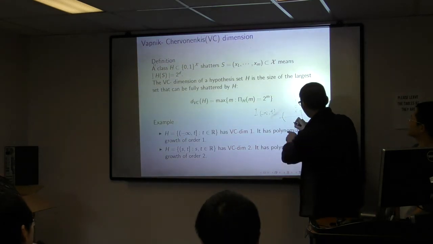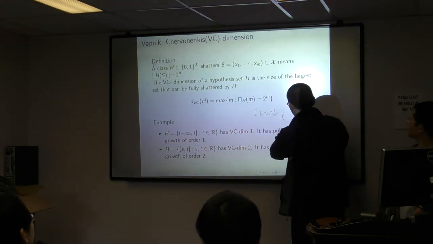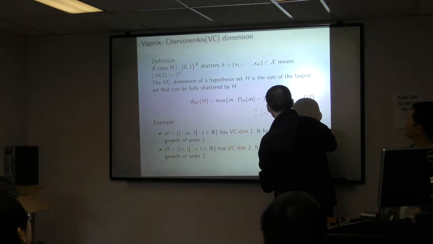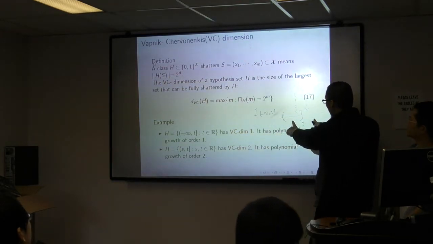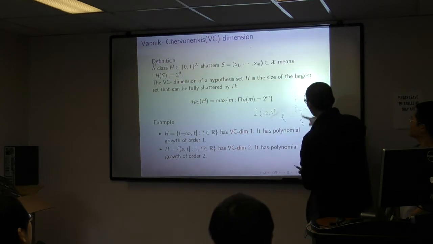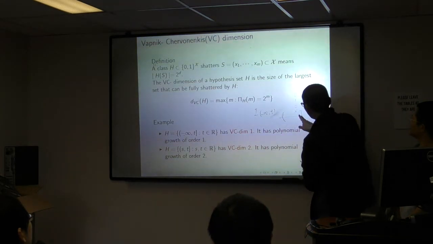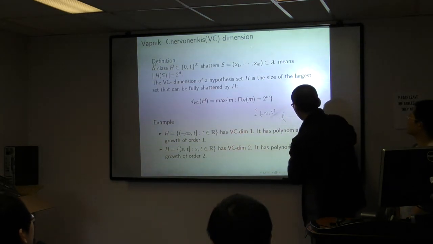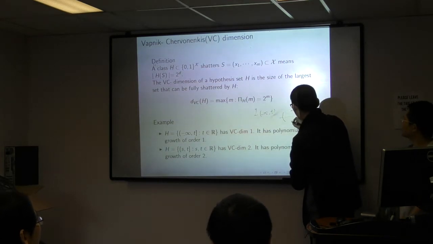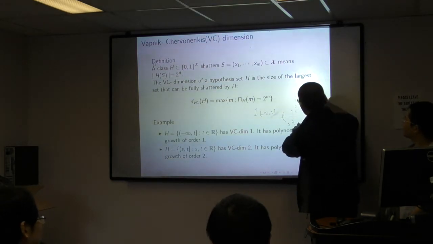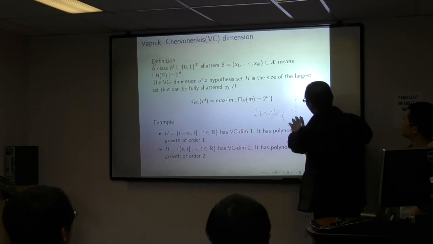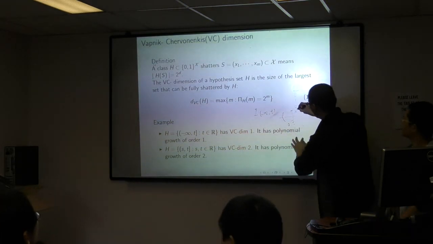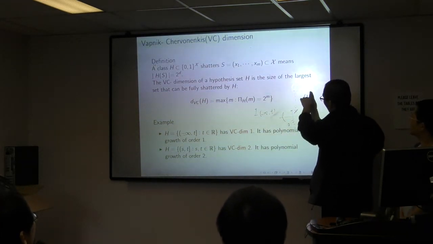For example, if I say smaller than this t is 0, and larger is going to be 1, you will have 0. And if, for example, t is here, then here is 0, here is 1. So you achieve this one. Both points will be classified as 1.